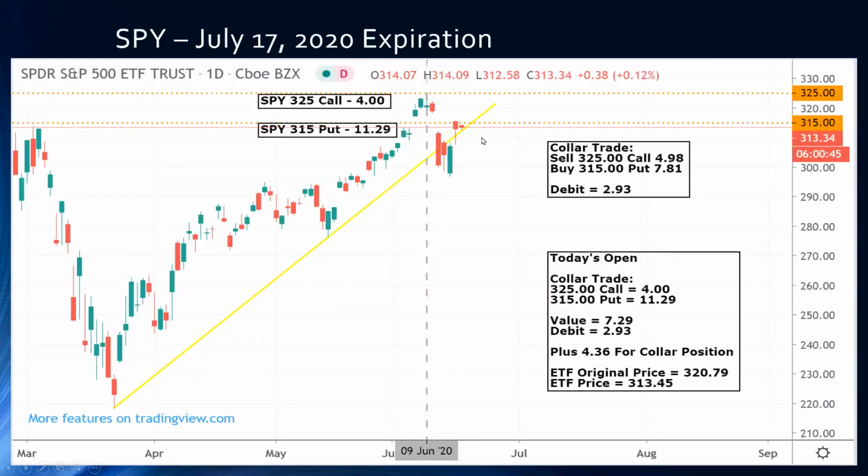They're still a whole month away. So if you liked this hedge before, you probably still like it now, because even though you're down on your ETF price, you're up on your options hedge. So you're doing exactly what you want, and you're still long the S&P 500, which ultimately is your goal.